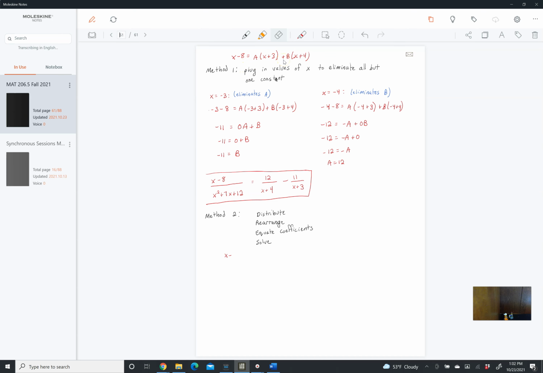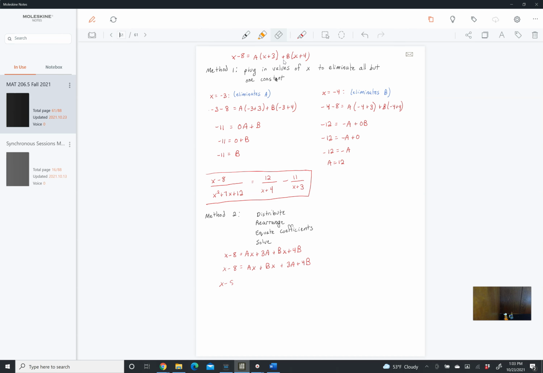We get x minus 8 is equal to Ax plus 3A plus Bx plus 4B. Rearrange it: x minus 8 is equal to, put the Ax and the Bx together because they both have an x attached, and put the 3A and the 4B together because they don't have any x's.